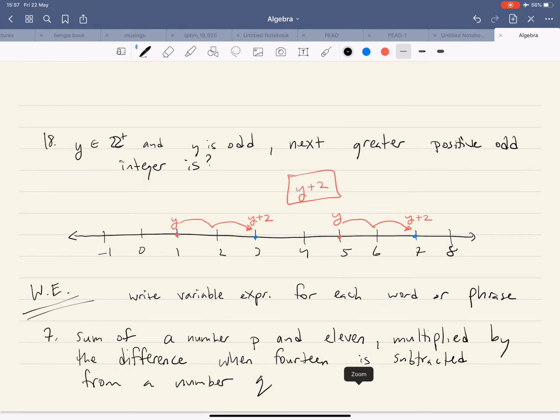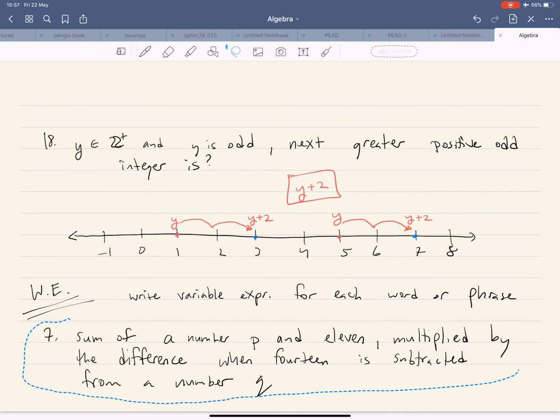And I'm running out of space here, so what I'm going to try to do is move this to the next page. We'll see if that's possible.